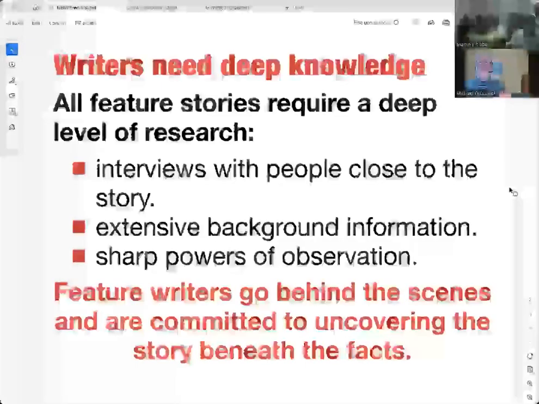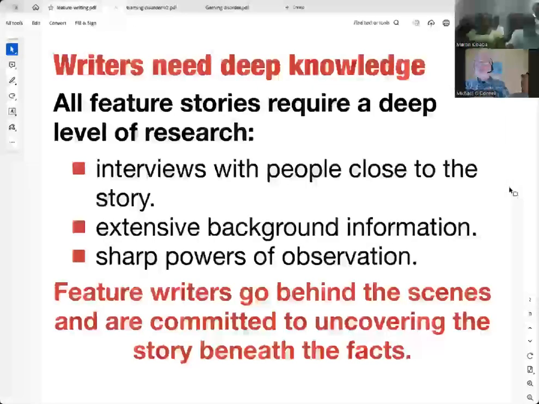So going back to the levels of research, and we talked in our last couple of meetings about different types of information. We'll repeat that here, but by now you're probably sick of hearing me talk about it. Interviews with people close to the story. If you read Walter's story in the Monitor, he has a lot of interviews, and that really punches up the story.